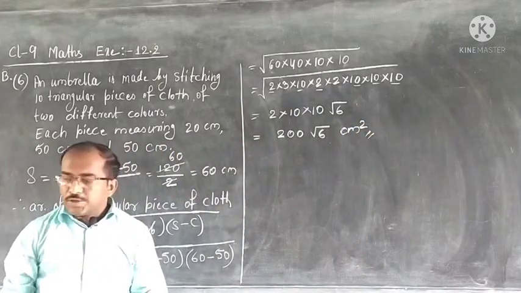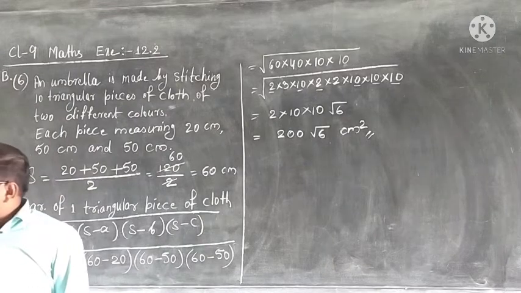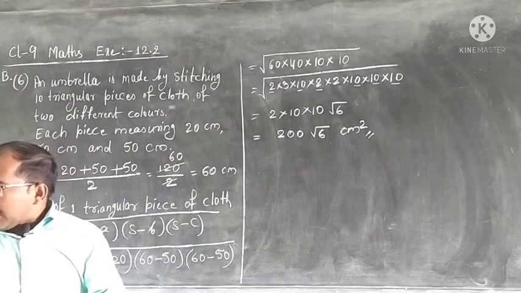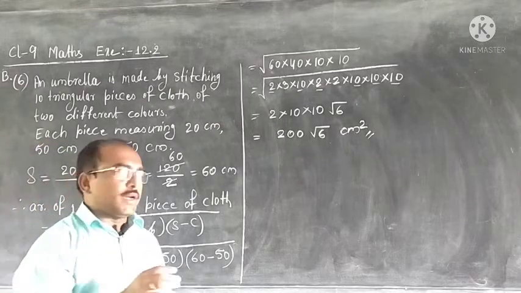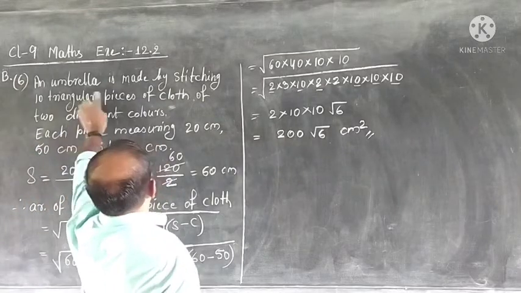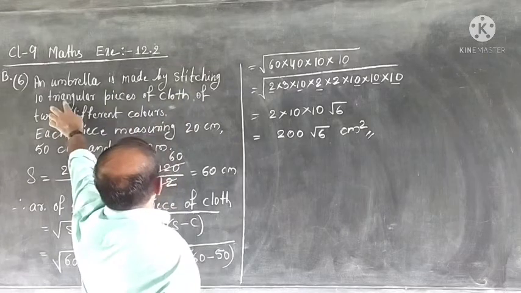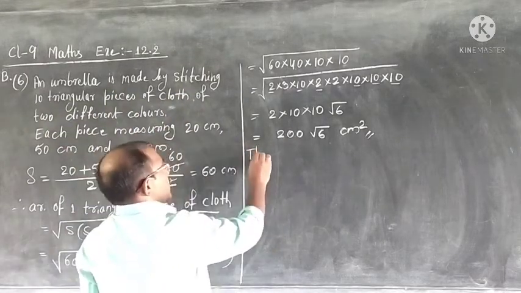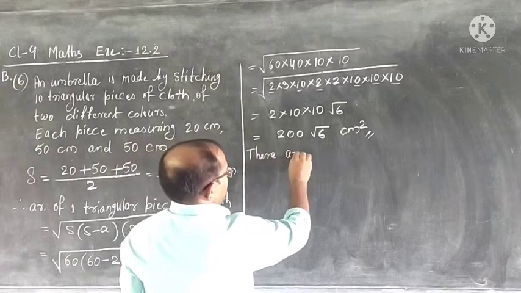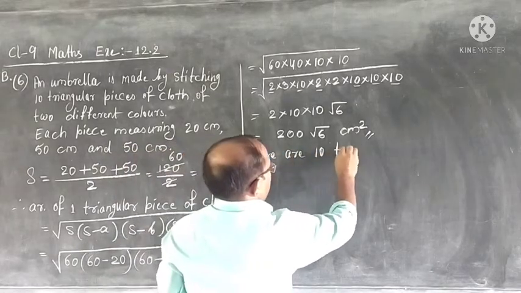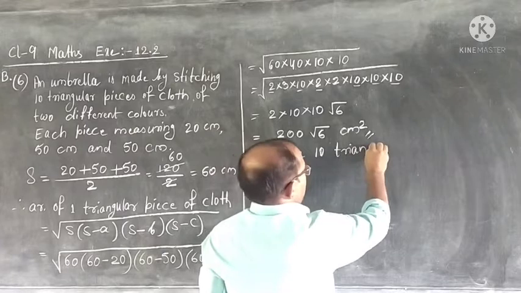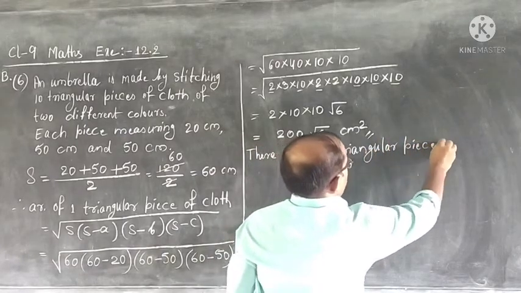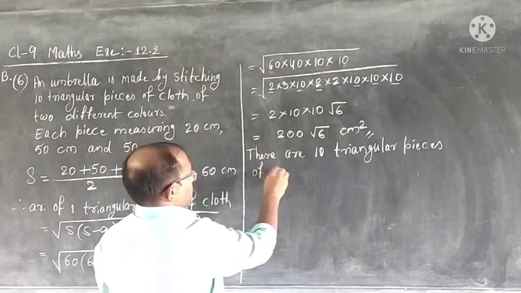And how many triangular pieces are there? 10 triangular pieces are there. So, there are 10 triangular pieces of cloth of two different colors. This is the question. So, let us mention that condition. There are 10 triangular pieces of cloth.